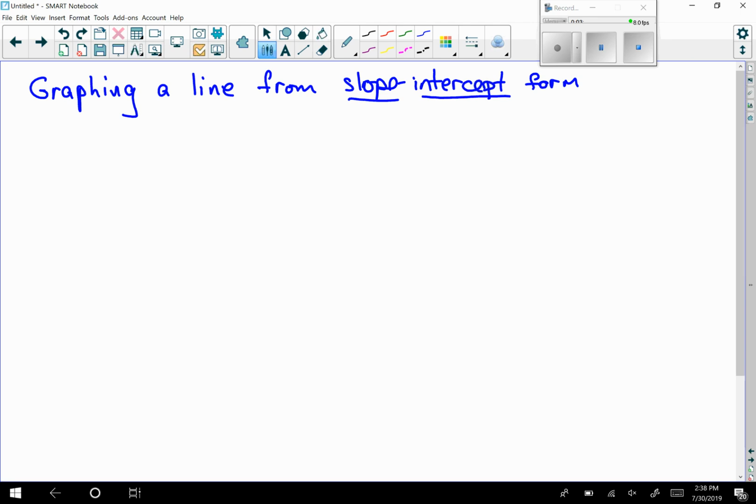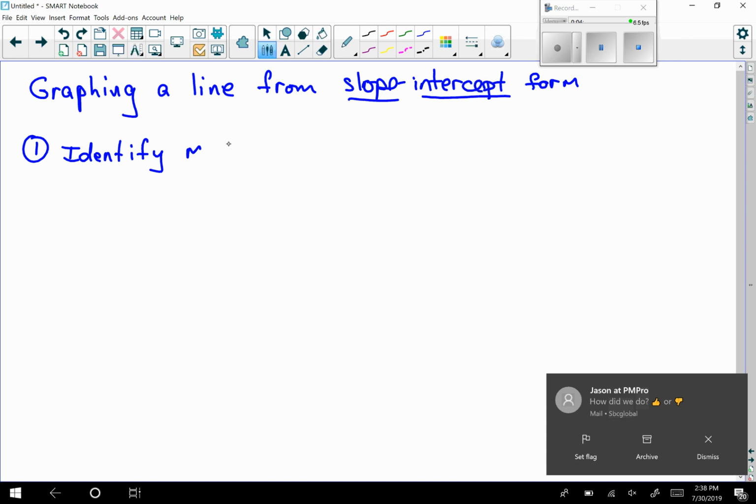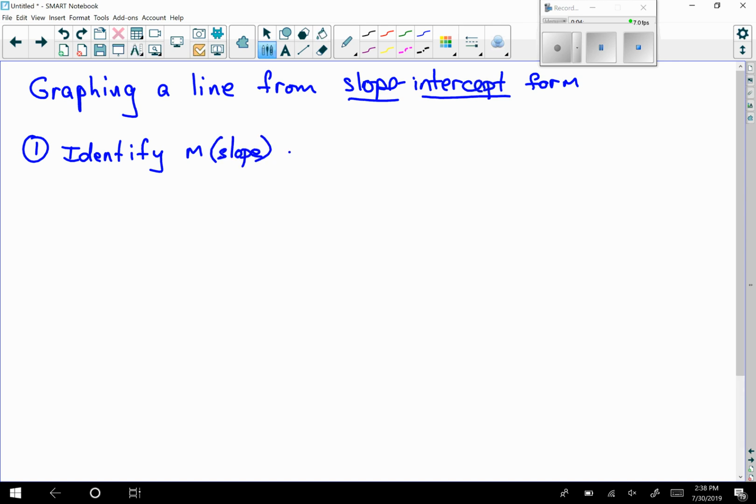When we're looking at this form, we're looking at the slope and then the y-intercept. So step 1 is to identify both the slope and the y-intercept. M, which is our slope, and B, which is our y-intercept. I'm just going to abbreviate this way.